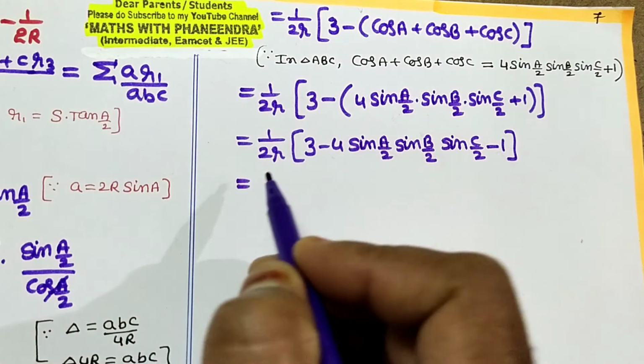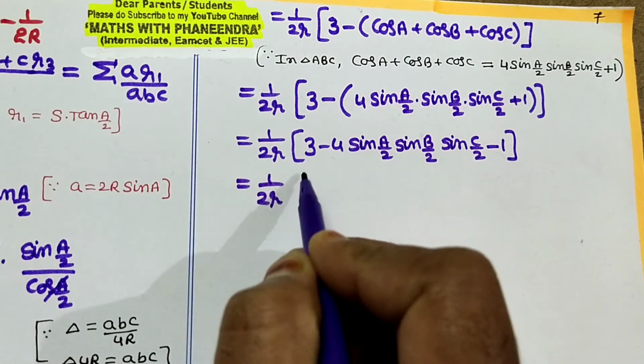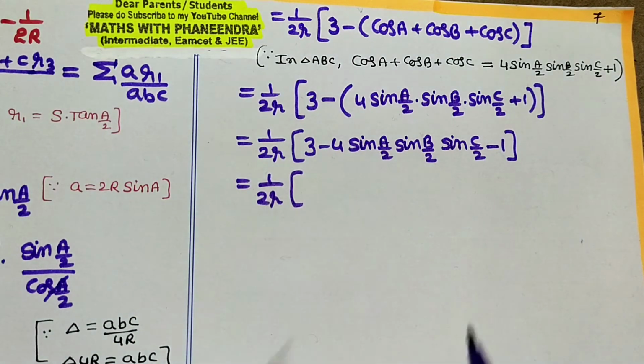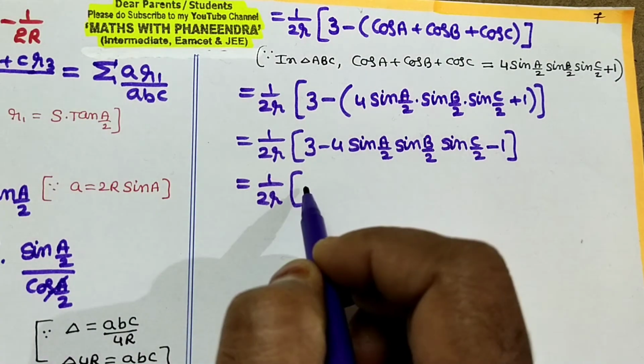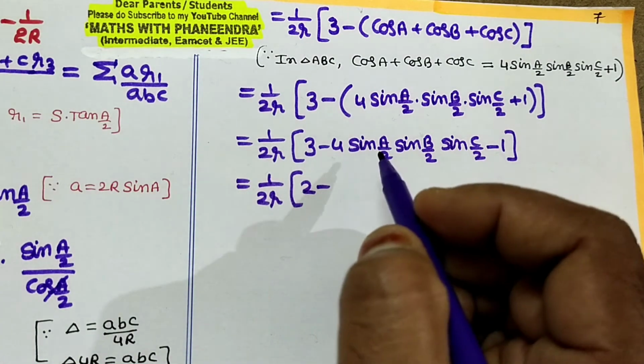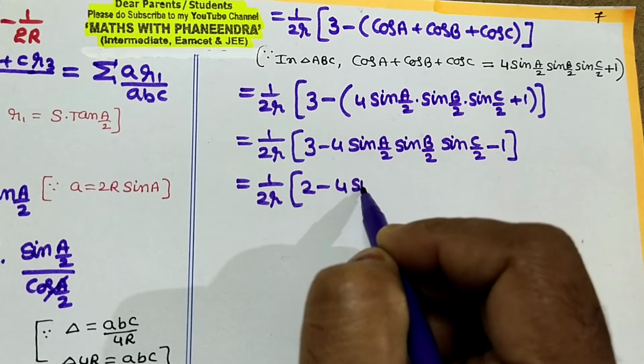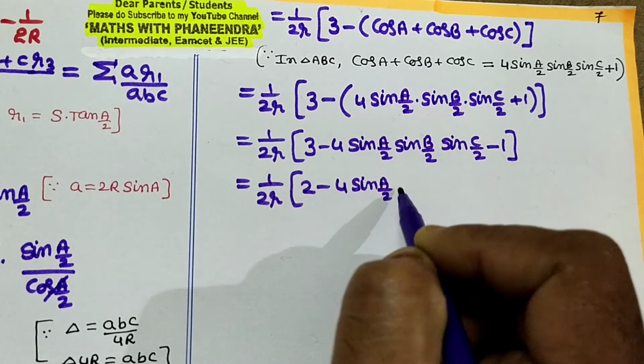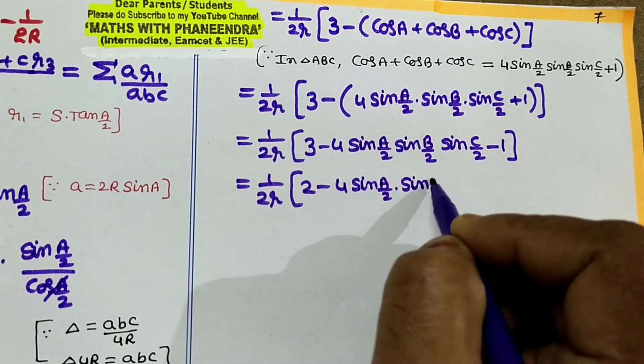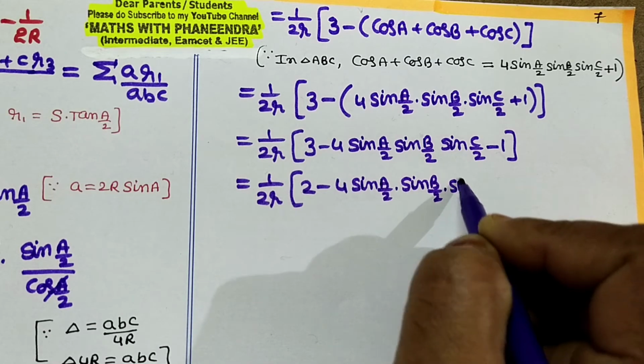So which is equal to 1 by 2r, 3 minus 1, which is 2, minus 4 into sin A by 2, sin B by 2, sin C by 2.